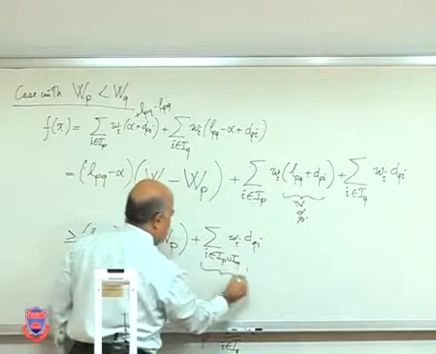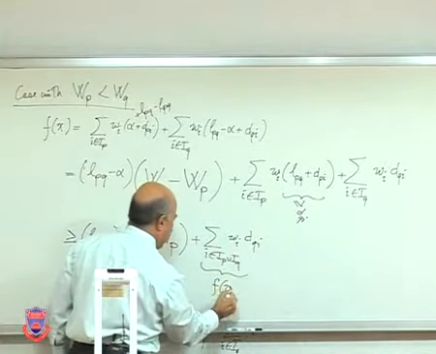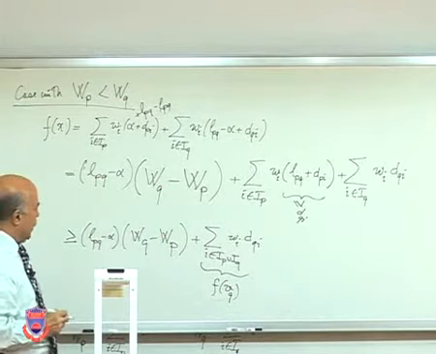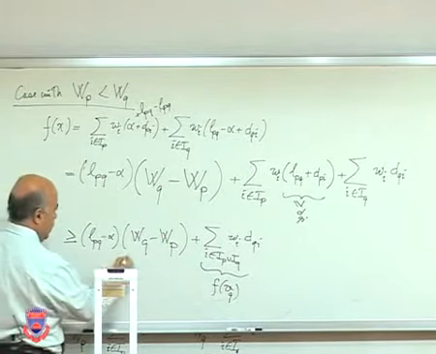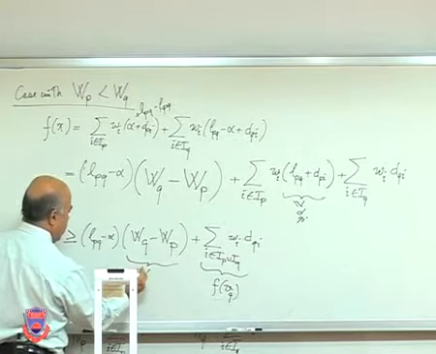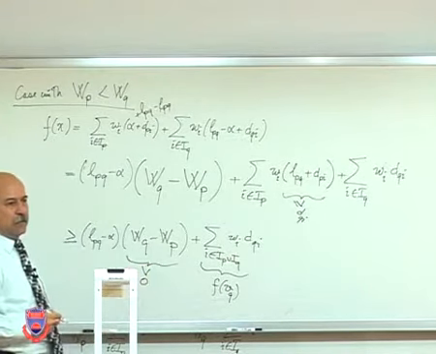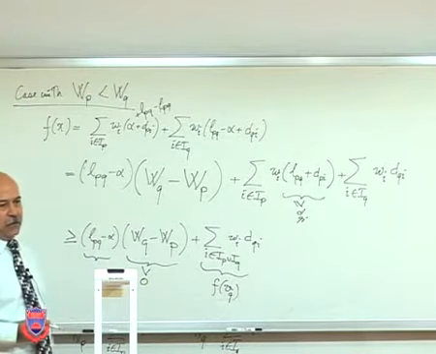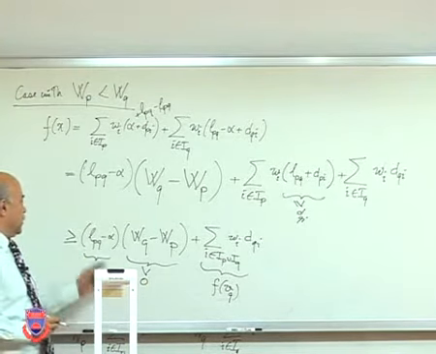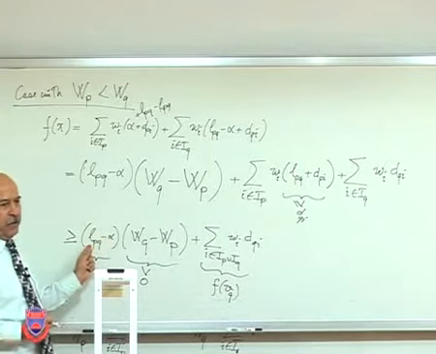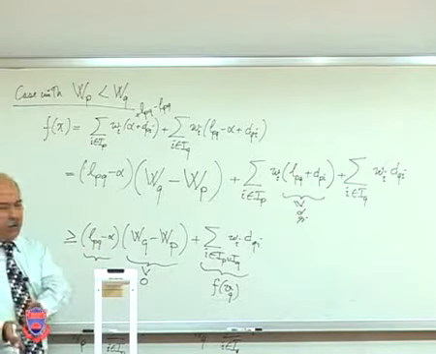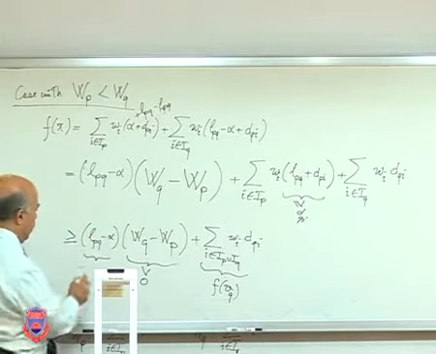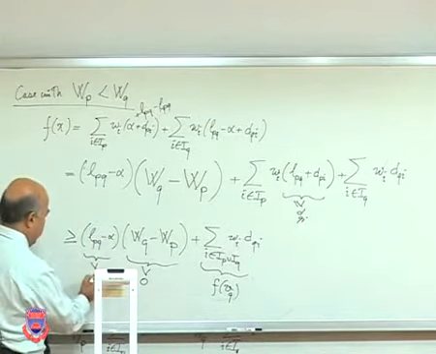And of course, this part is f of VQ. In this case, this is strictly larger than 0. This portion is either 0 or greater than 0. Well, for the special case when alpha equals LPQ, which means you're on top of VQ, that would be 0.